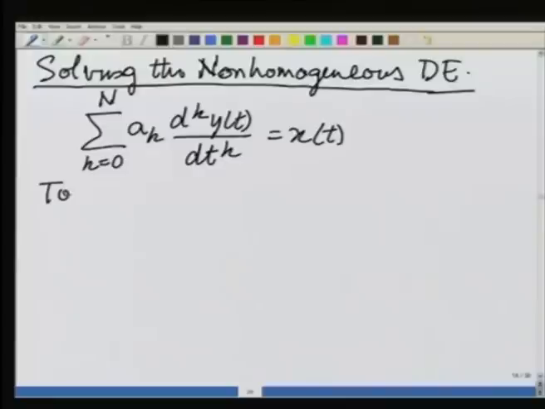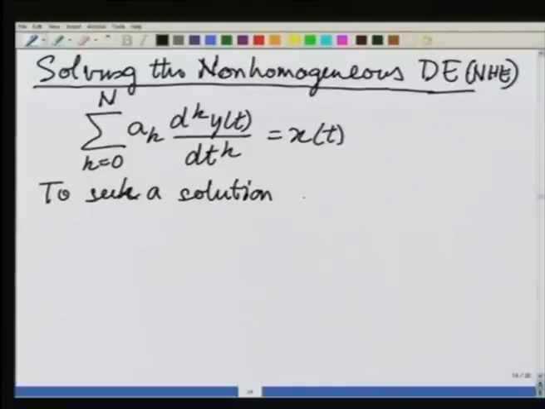Probably we can relax these assumptions later, but at the initial stage when we want to get an understanding, let us constrain our forcing function to be one of a few different kinds of possible functions. To seek a solution, the non-homogeneous differential equation we will abbreviate to NHE, the non-homogeneous equation.